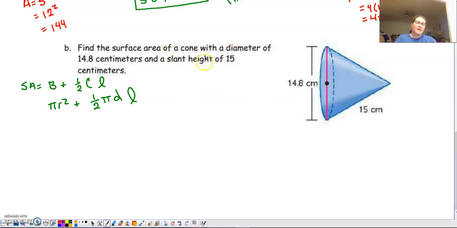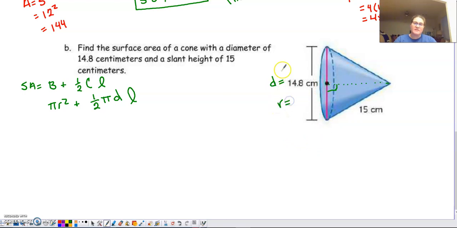So this is a right cone. So this is going to be a 90-degree angle. And this is the center of my cone. So this diameter of 14.8 centimeters means that I have a radius that is half that.